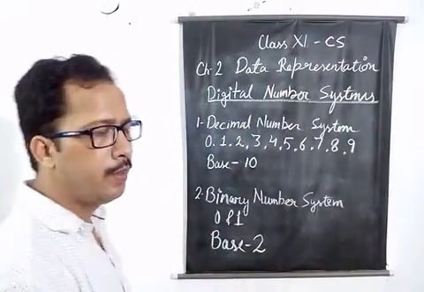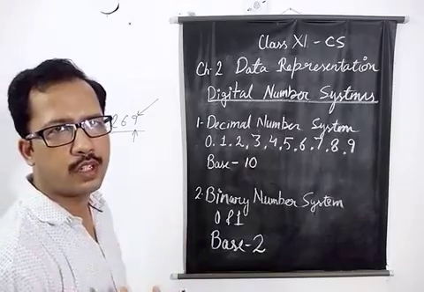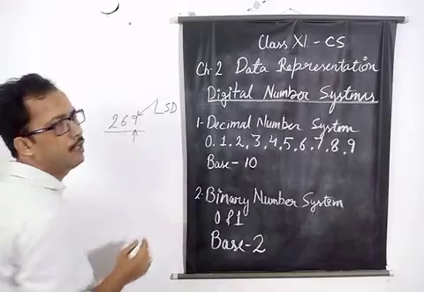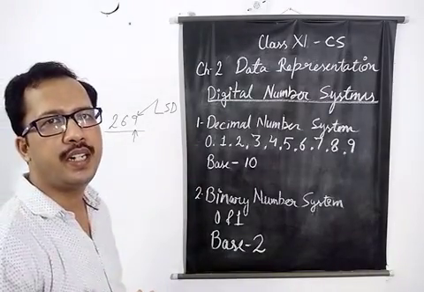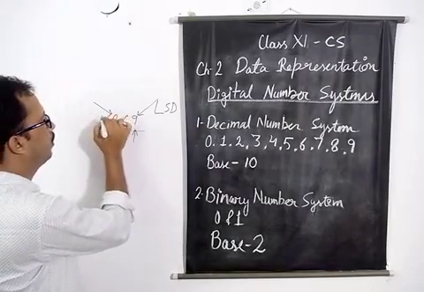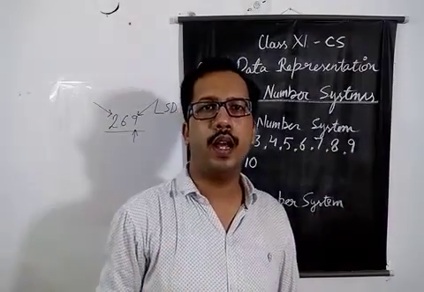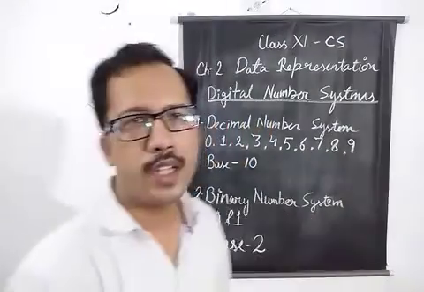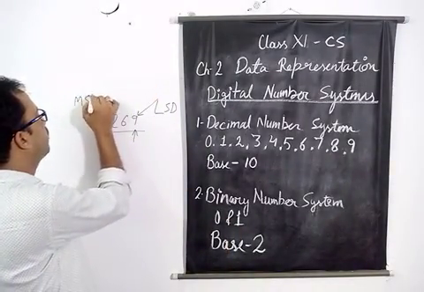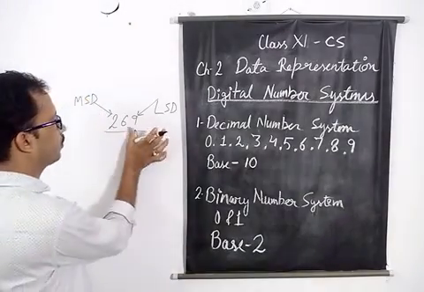In the computer's language, that digit is representing the smallest value, known as LSD, the least significant digit, and here 2 is representing the highest digit, on the 100th place, so it is known as the most significant digit, MSD.